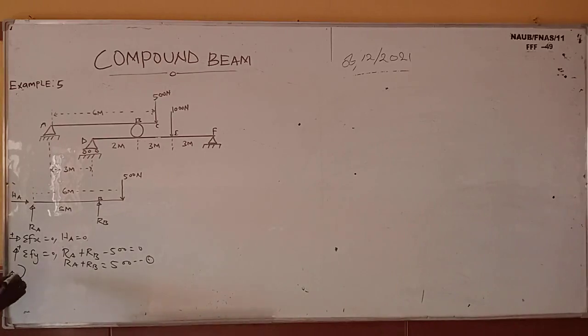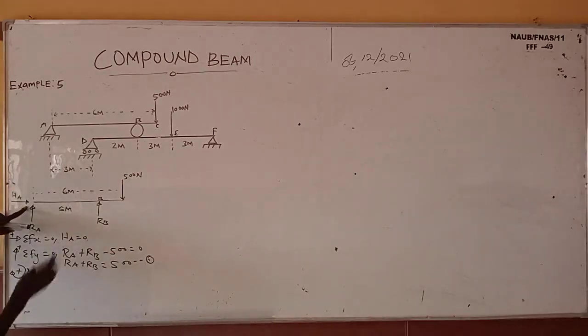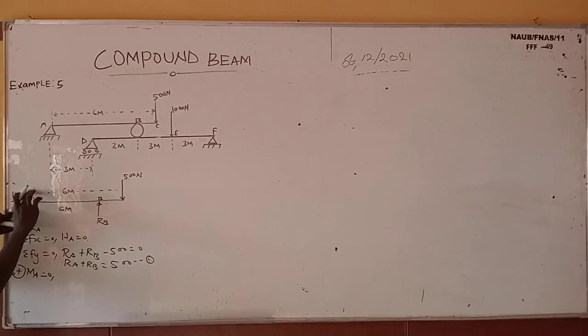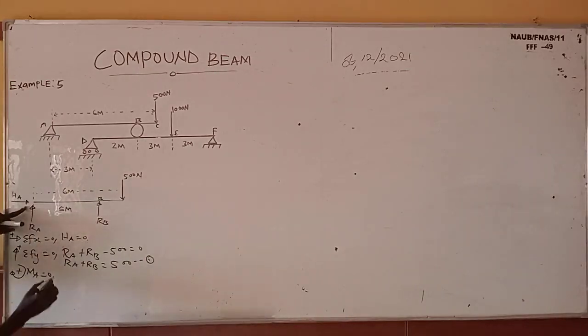So the next thing is to take moment. I will take clockwise moment about point A equals 0. I'm going to be left with these two forces. This one is going to give me anti-clockwise moment, while this one is going to give me clockwise moment.